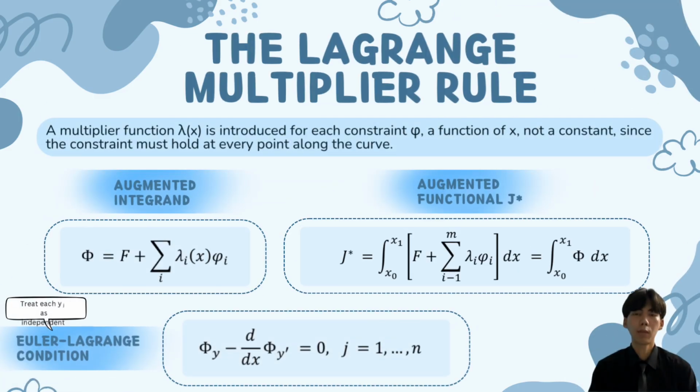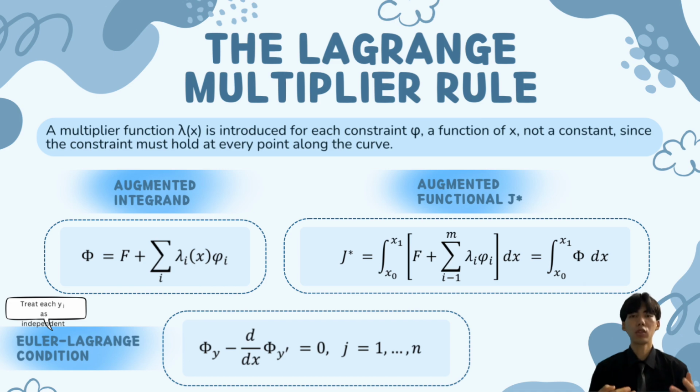To handle this type of constraint, a multiplier function lambda of x is introduced for each constraint phi i. This point is worth emphasizing since lambda here is a function of x, not a constant. This is different from the isoperimetric case since the constraint must be satisfied pointwise along the entire curve rather than as a single integrated total.